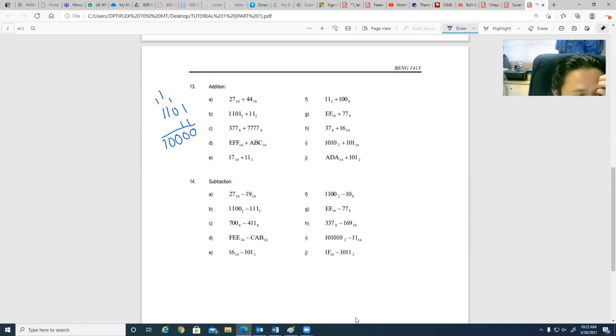Okay, so that's the answer, right? So straightforward, but make sure the base is the same. If not, for example, like this one, we have to change.